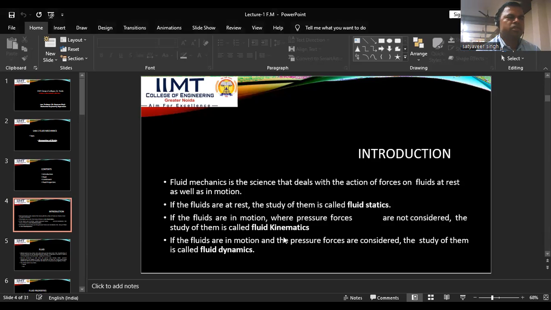What is fluid statics? Fluid statics is nothing but the study of fluid at rest. If we want to study fluids in motion, and pressure forces are not considered, then this type of study is known as fluid kinematics.